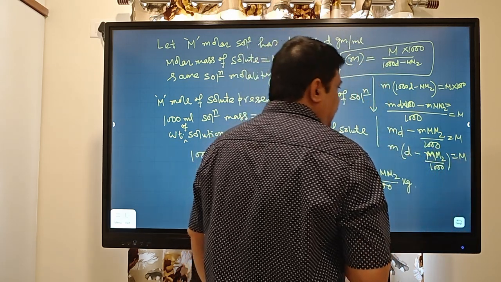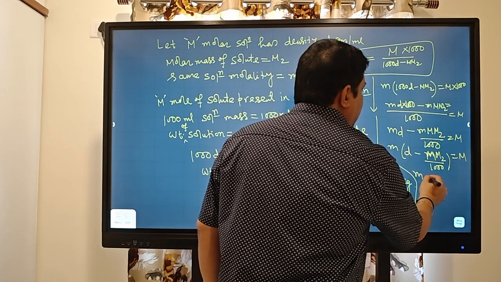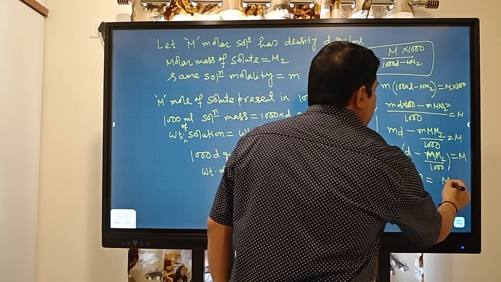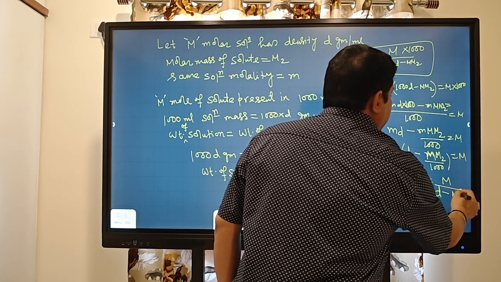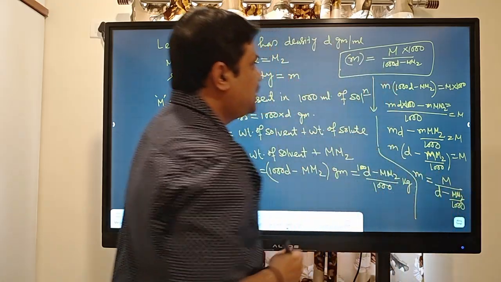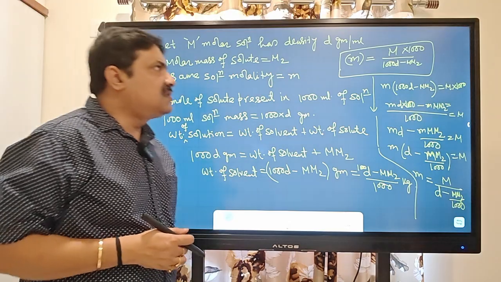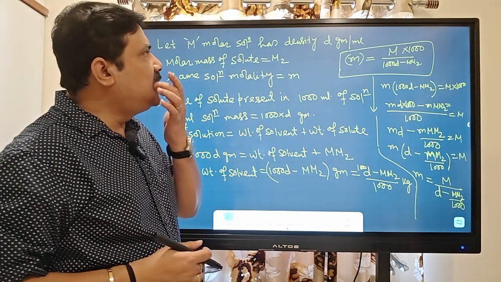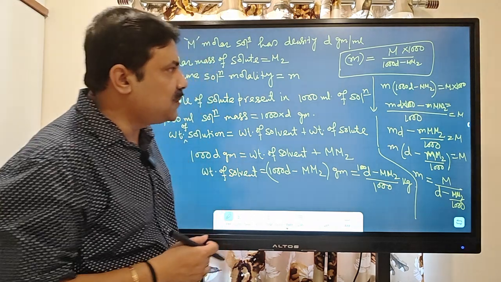So immediately molality, small m, will be equal to capital M by (d minus M M2 by 1000). You can do this. It is the same thing only, we did some simplifications, or you can directly utilize these things, no issue.